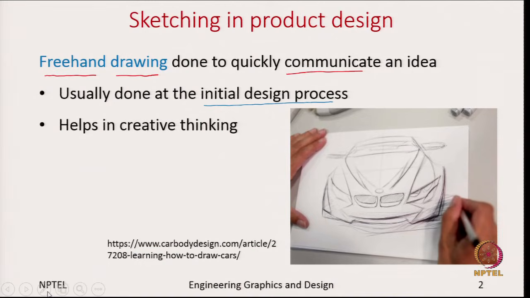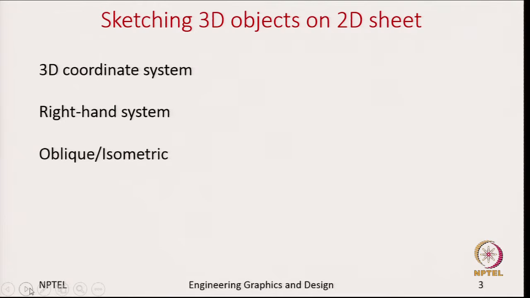From now on we will see what techniques we can use so that we can start with sketching and then continue with sketching such that when you sketch something, others can understand it the way you intend.